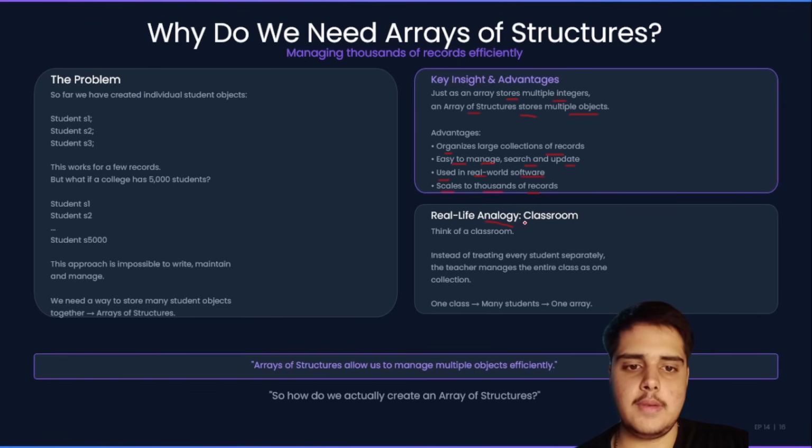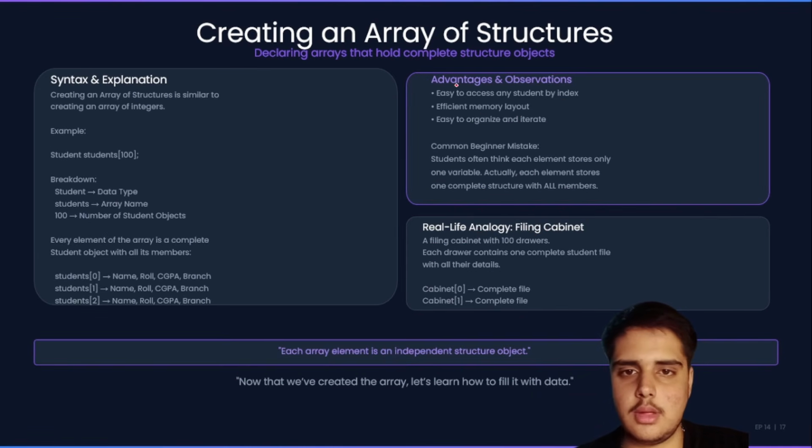A real life analogy is a classroom. One thing you should understand is that an array of structures allows us to manage multiple objects efficiently. So how do we actually create an array of structures? Here we go: creating an array of structures means declaring an array that holds complete structure objects.